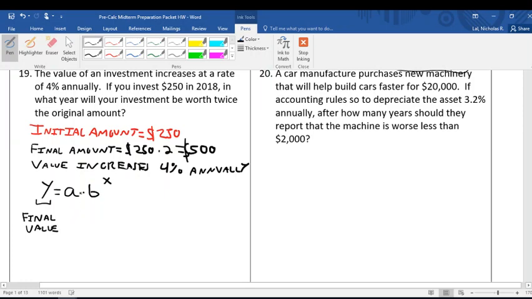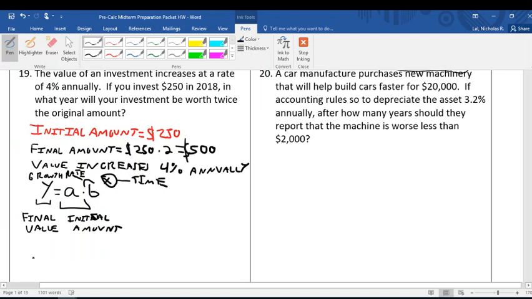A will be our initial amount. B will be the growth rate. And in this case, x is going to be time.